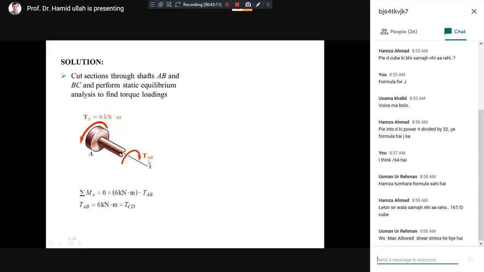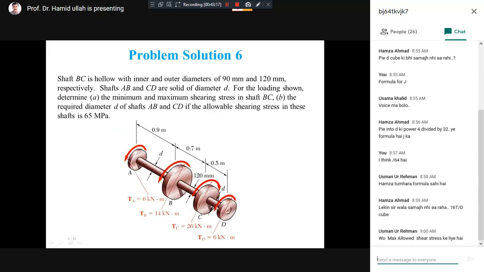For CD, since AB and CD have the same diameter, they are similar, we also want to know the torque. So we just consider the CD part. Section the shaft anywhere between C and D, and we get two parts. Let us consider the right side part, which is simple, because on the right side there is only one load. What is that load?